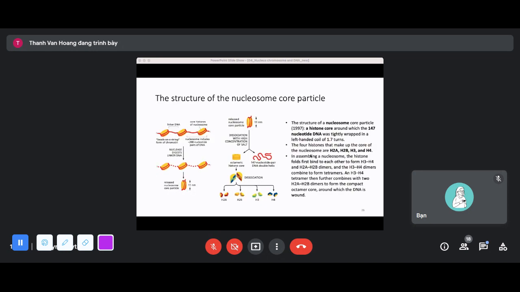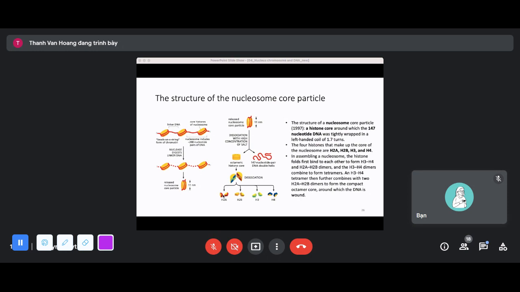So what about histone? These beads, as you see under the electron microscope, are histone cores. Each consists of 8 histone molecules: 2 histone 2A, 2 histone 2B, 2 histone 3, and 2 histone 4. Okay?